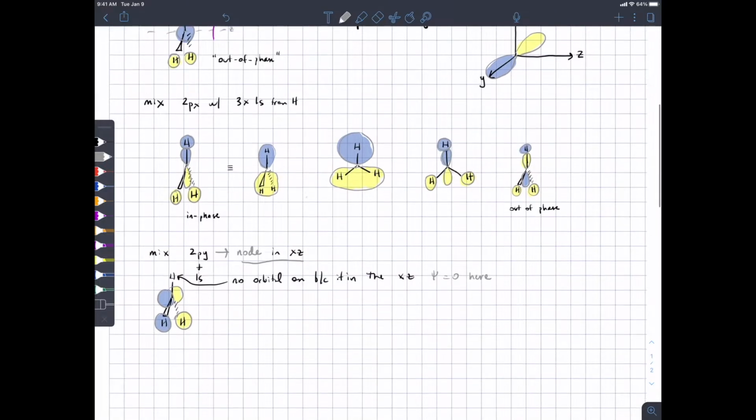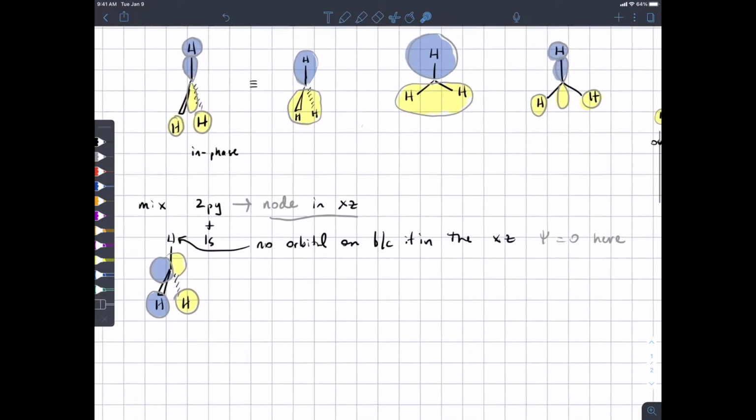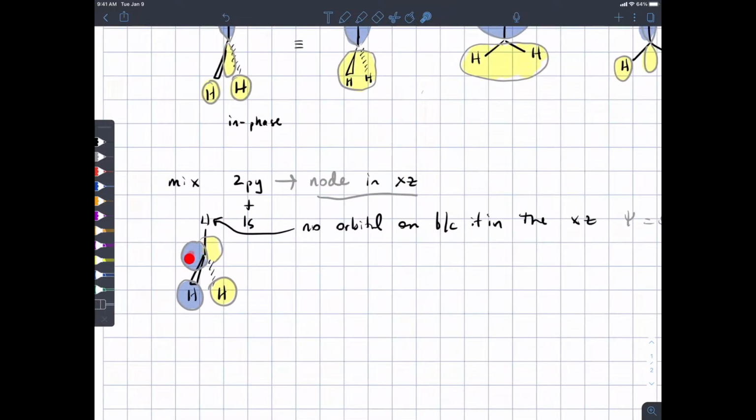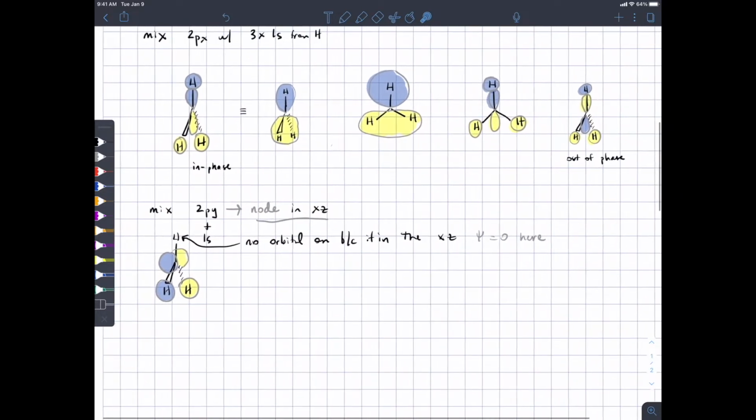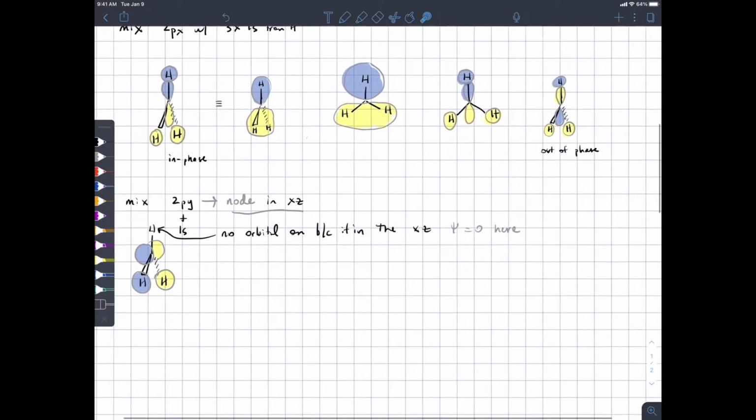All right? But we can overlap the hydrogen that's pointing out at us with the lobe of the 2py orbital that's pointing out at us with an in-phase interaction. And then we can do the same on the other side, just with the other wave function sign.